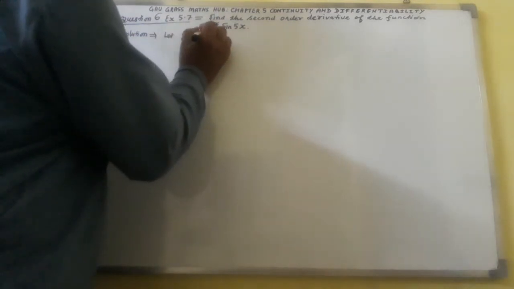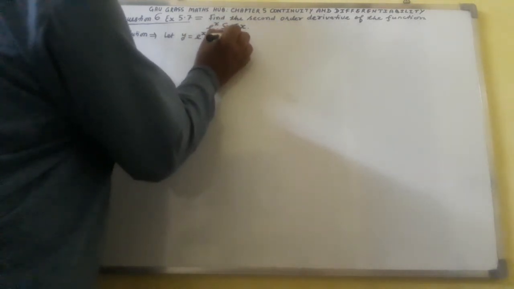Let y equal to e raised to the power x dot sine 5x. Here we see that y equal to e raised to the power x dot sine 5x.